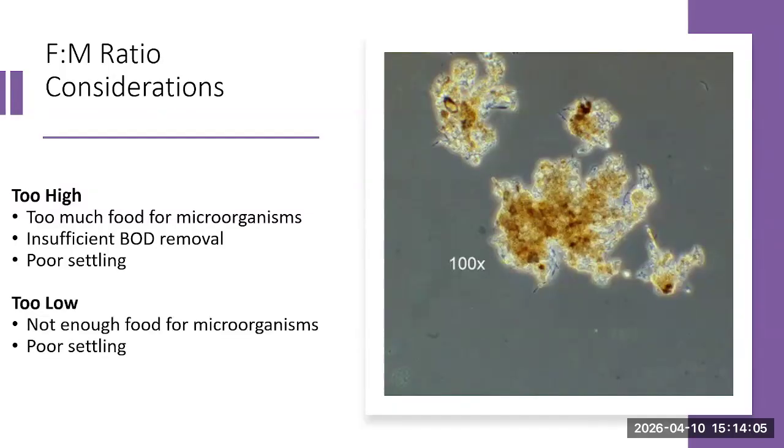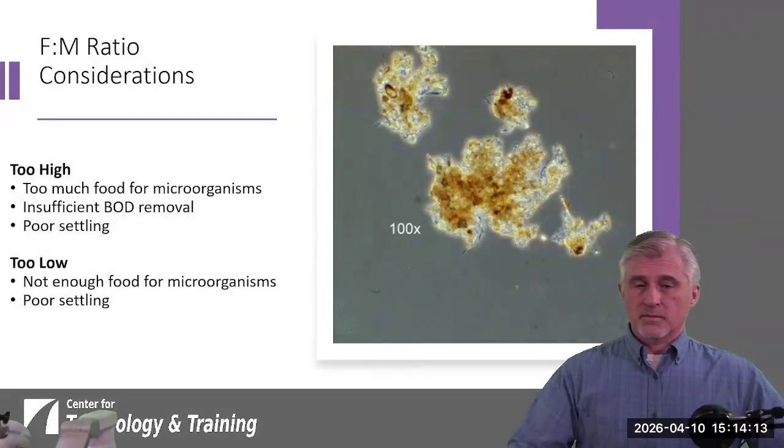If we have too low of a food to microorganism ratio, that means there's not enough food for the bugs. They may not survive. So we can end up once again with poor settling.